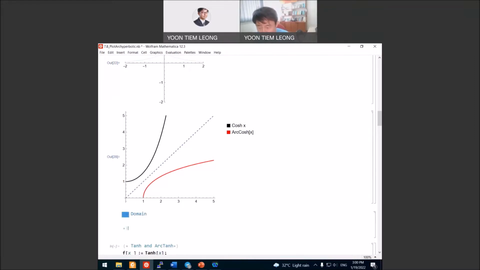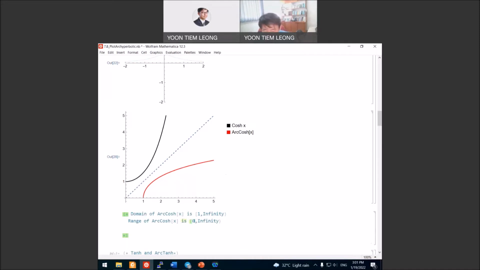So what I'm saying here is that the domain of arc cosh of x is the values of x starting from 1 up to infinity, not included, whereas the range of the arc cosh, from the graph of this red color, you can see that it begins from 0 and goes to infinity all the way up.